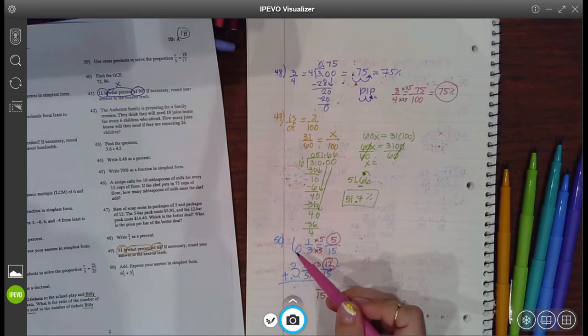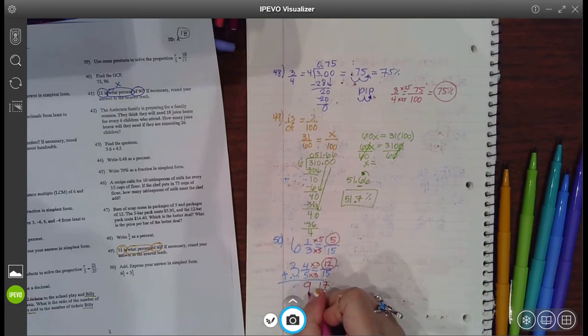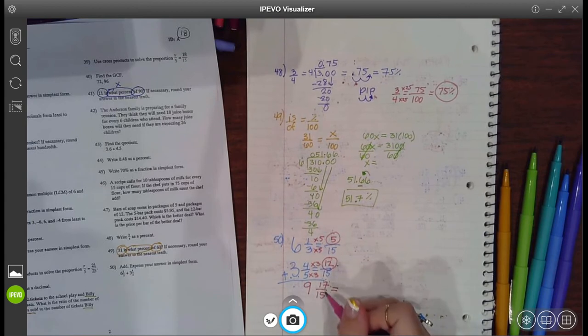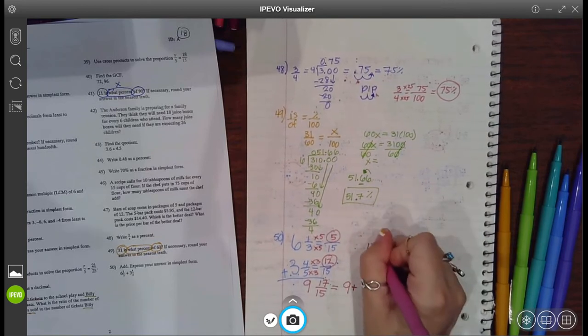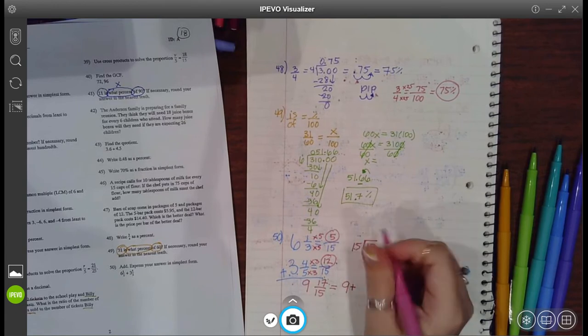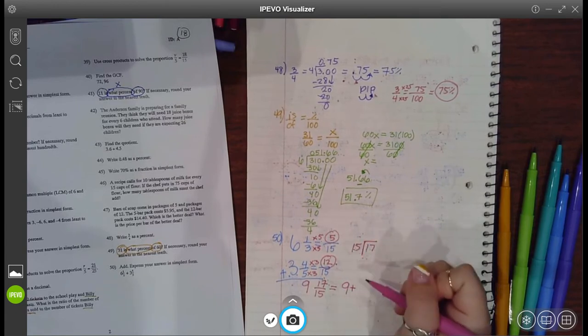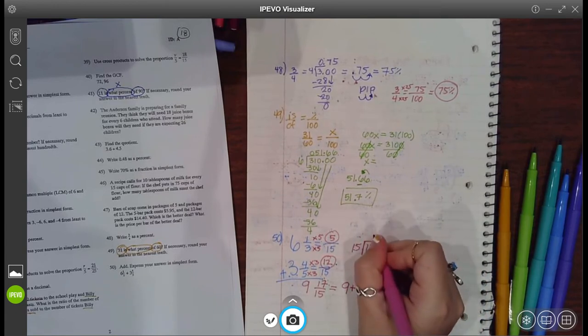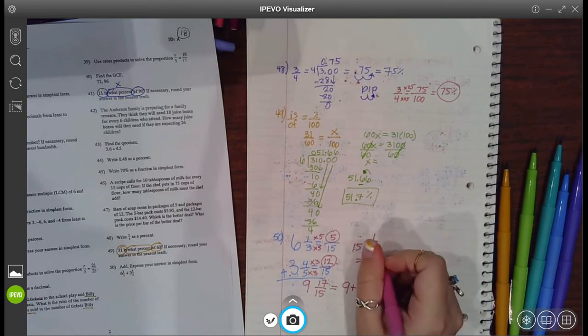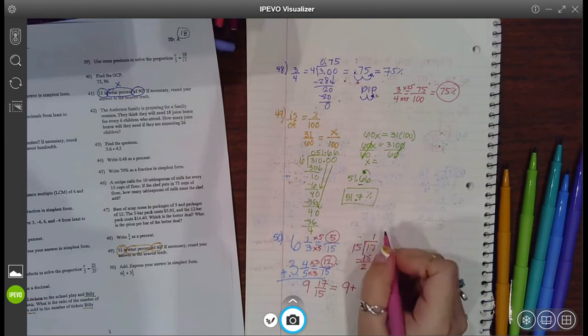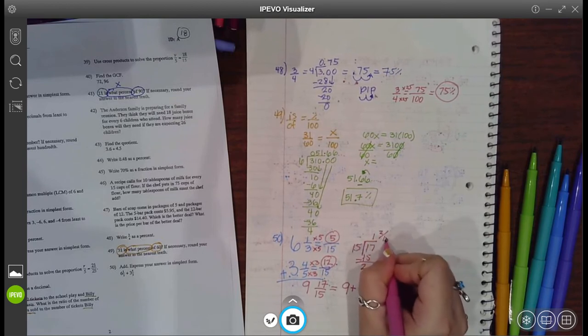Don't forget your whole numbers. 6 plus 3 is 9. Now I can't leave it like this because 17 over 15 is improper. So it's 9 plus whatever 17 over 15 is. So the top divided by the bottom. 15 goes into 17 once, and 1 times 15 is 15. 17 minus 15 is 2, so put your remainder over what you divided by.